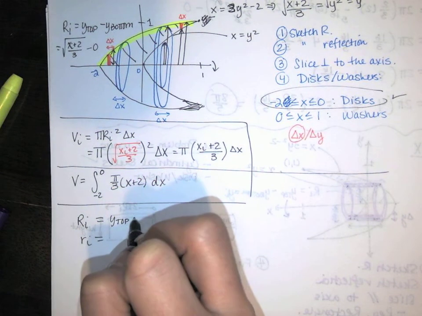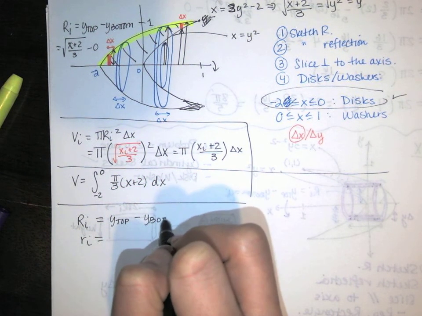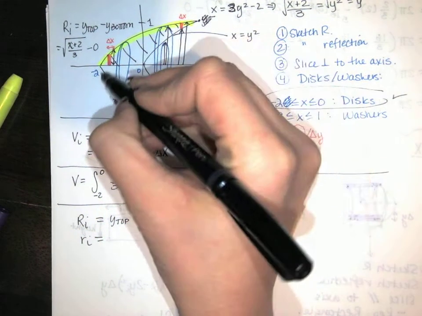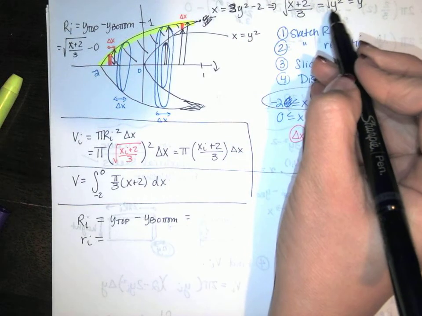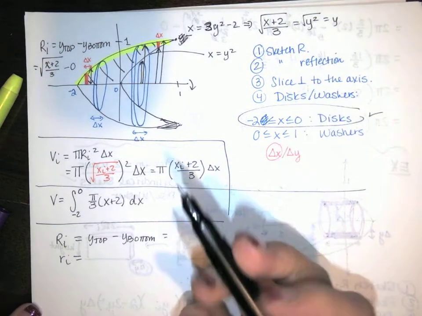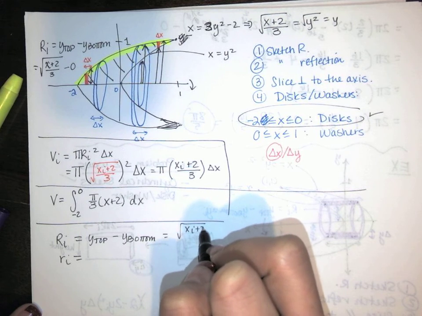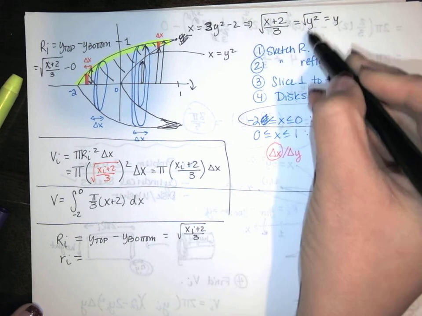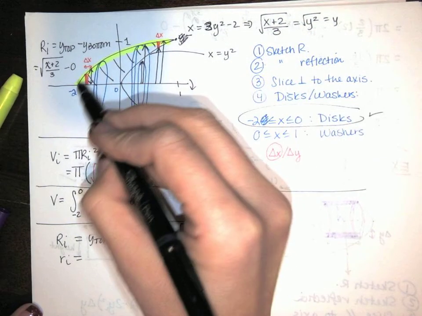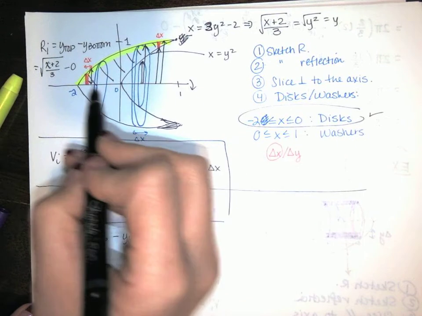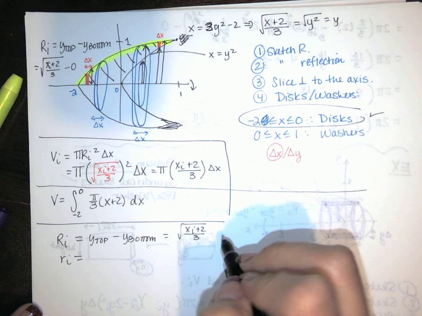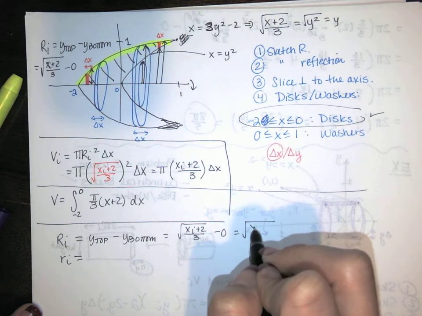So it's the top y value minus the bottom y value. And the y value on that yellow curve turned out to be this square root, we found out. Square root of (x_i plus 2) over 3. That was y on this curve as a function of x. And then on the x-axis, y is 0. So we just get that square root.